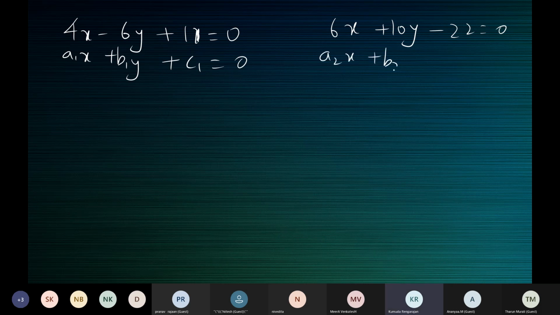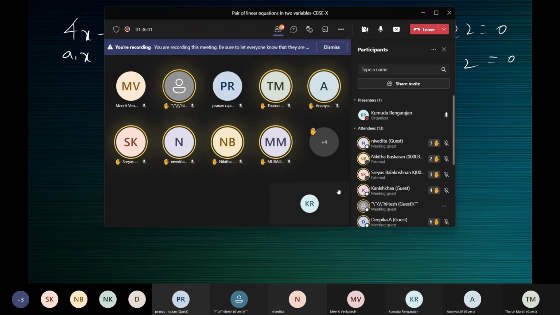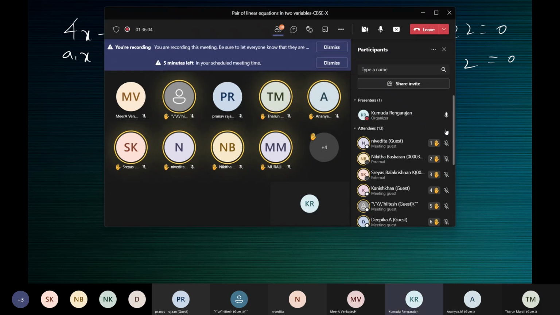A2x plus B2y plus C2 is equal to 0. Now tell me the value of A1. Somebody try to answer. Boys, I think I did not hear much from the boys. Hitesh.